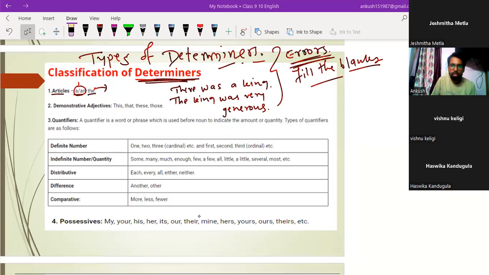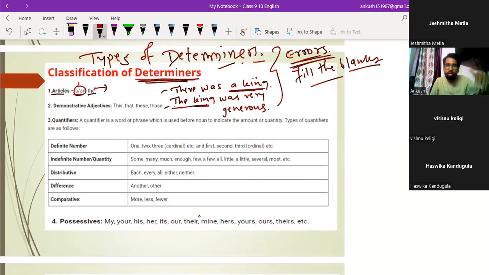Now see, in the first sentence it is indefinite. We do not know who the king was. But in the second sentence, the is used before king. This noun was indefinite, but in the next sentence it is definite, because we are talking about the king who was earlier mentioned in the first sentence.